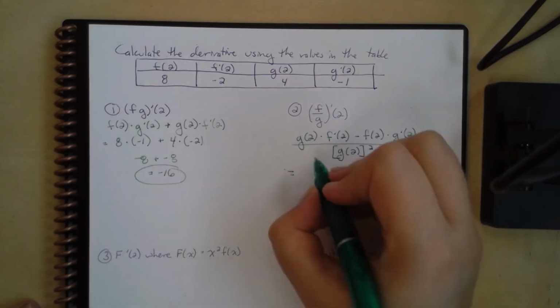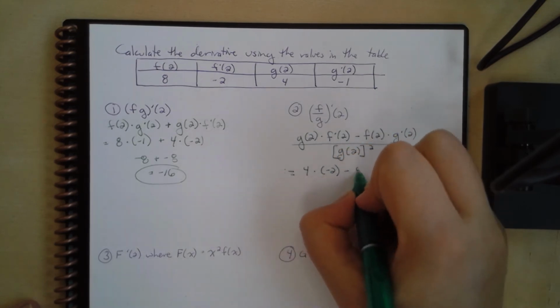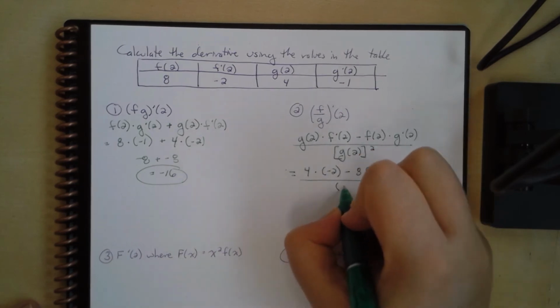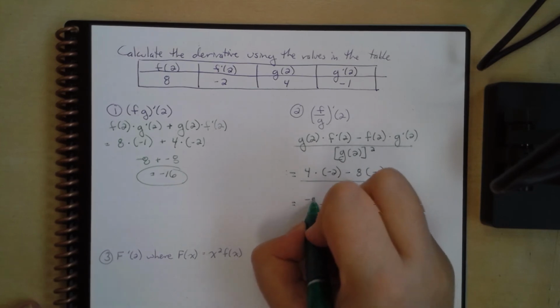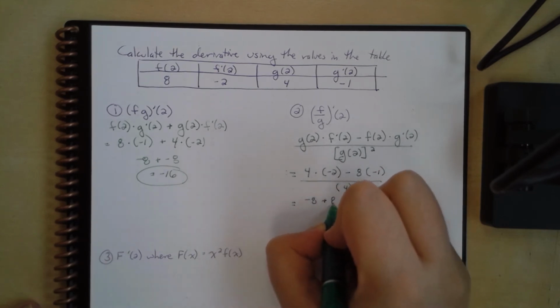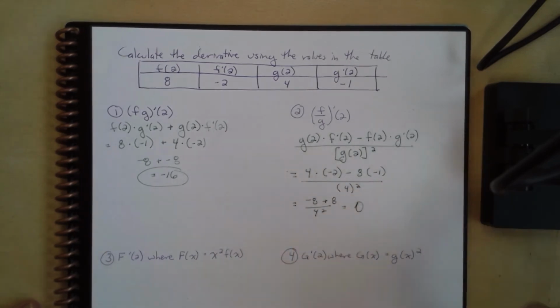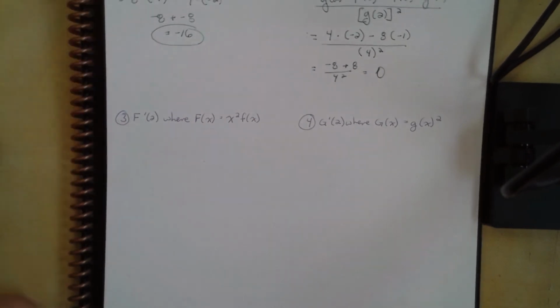So that's equal to 4 times negative 2 minus 8 times negative 1 all over 4 squared. So it looks like we're going to have negative 8 plus 8 over 4 squared, just going to be 0. I almost wrote 16. All right, let's do 3 and 4, and then we'll kind of wrap this up.